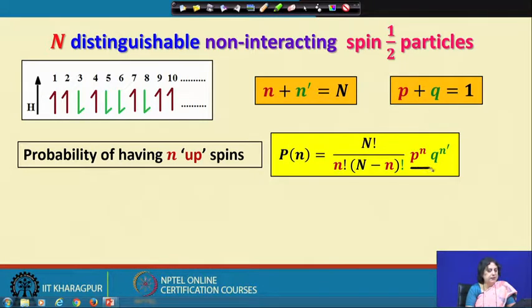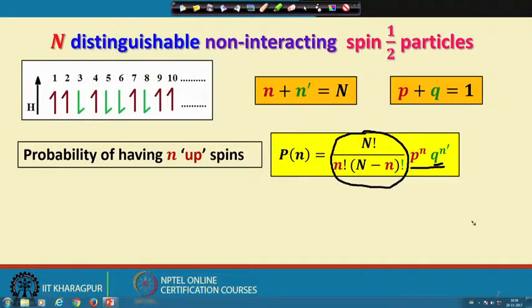This is the part that corresponds to the probability of a given microstate having small n up spins and n prime down spins, where at each site small p is the probability of having an up spin and small q is the probability of having a down spin. And this part is the contribution of having these many distinct microscopic states associated with small n and capital N.